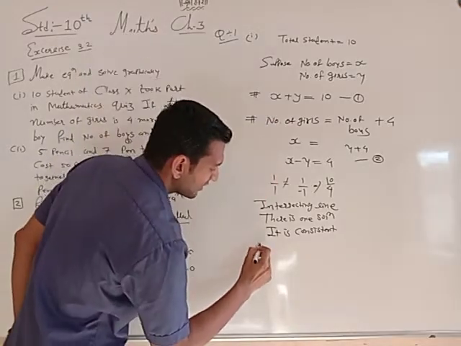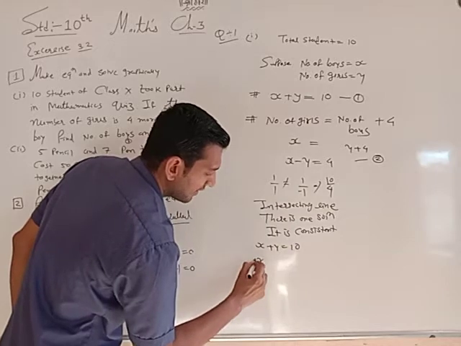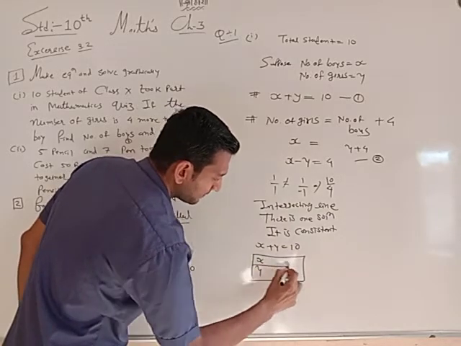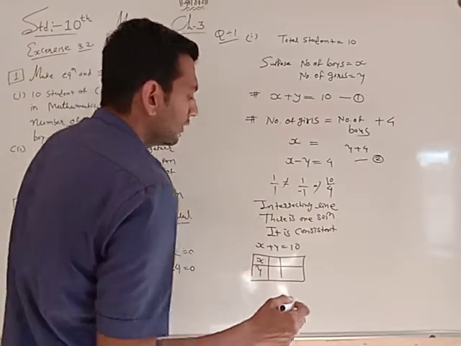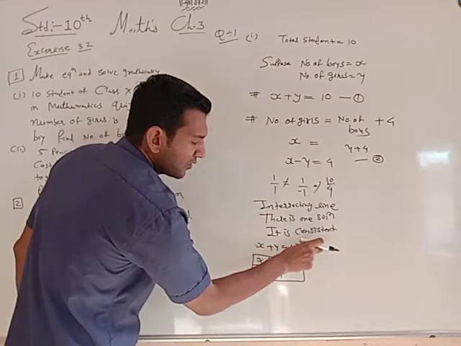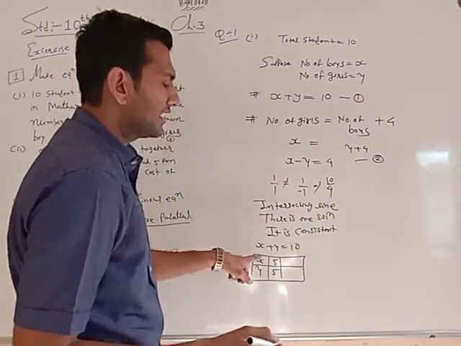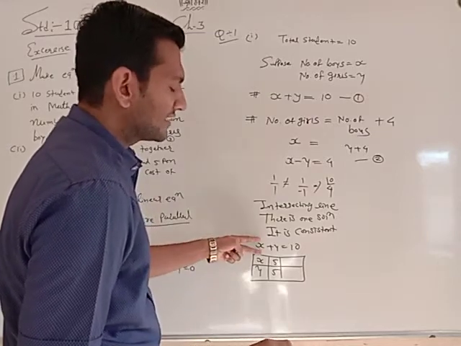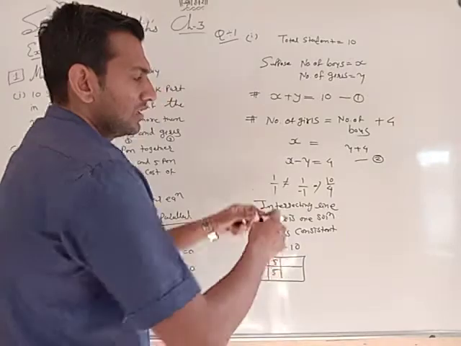Take the first equation, x plus y is equal to 10, and make a table. Take x is equal to 5. If you take x is equal to 5, 5 goes to the right side as negative, 10 minus 5 is 5. In this case I cannot take x is equal to 0, because if I take x is equal to 0, then y is equal to 10.